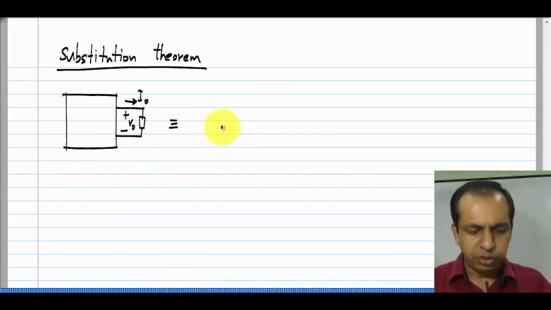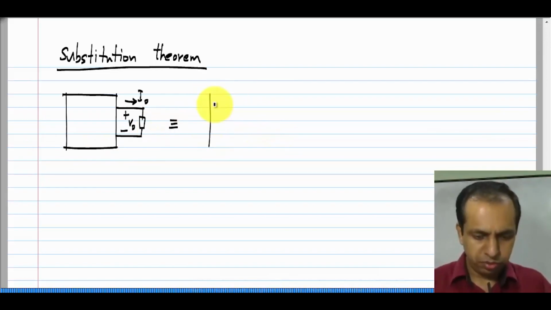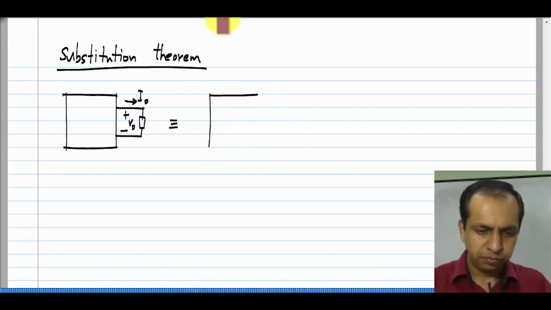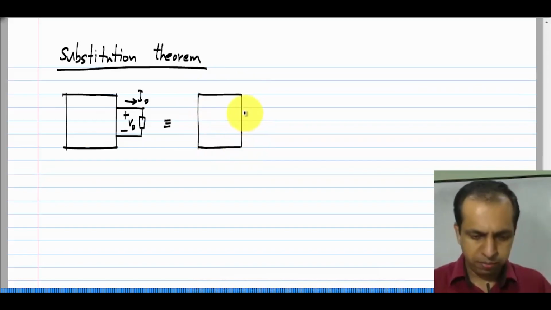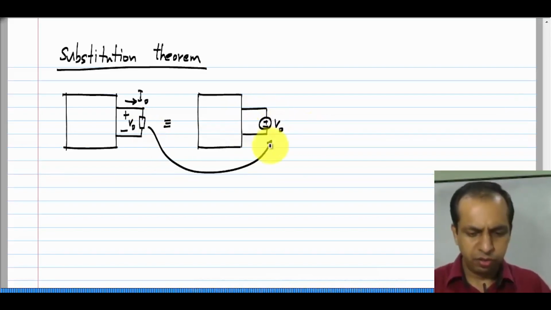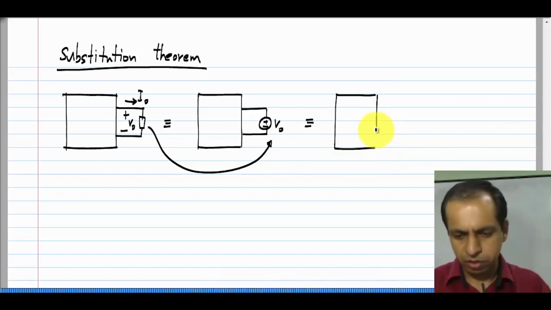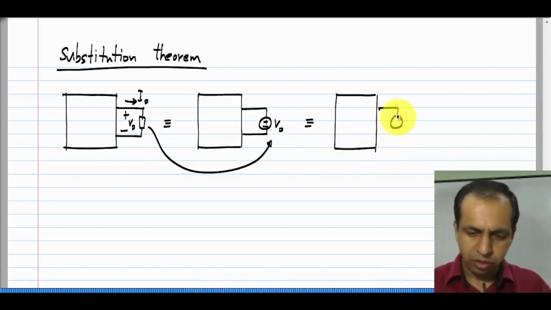This can be thought of as being equivalent to the voltages and currents in this being exactly the same as if the element is replaced by a voltage source V0 and also equivalent to if the element was replaced by a current source I0.